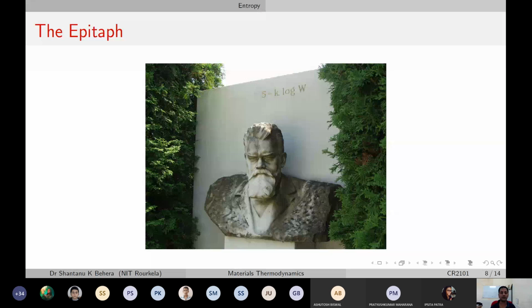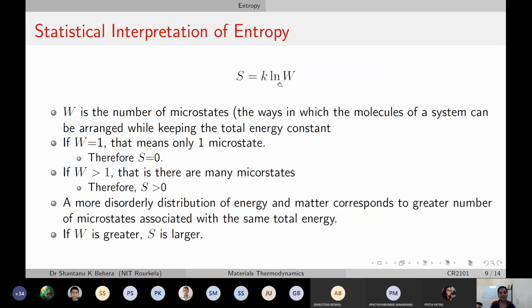So this is Ludwig Boltzmann, and the formula you see is one of the most famous formulas, which defines entropy. S is K ln W, or sometimes we write it with omega as well. In many books you'll find this, but I thought we should write W because it's officially there on his tombstone.